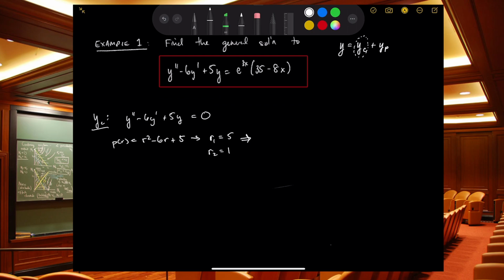So that tells me that e to the x and e to the 5x are a fundamental set of solutions. So then my complementary solution will look like c1 e to the x plus c2 e to the 5x.